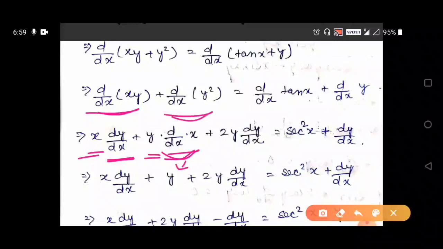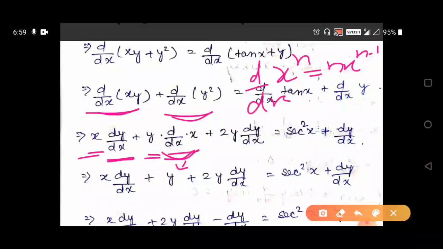And d dx of y square means we have to use the formula of x to the power n, which means d dx of x to the power n is equal to n x to the power n minus 1. So if we use the formula here, it will become 2y. And since we are differentiating y with respect to x, we have to keep dy by dx here.